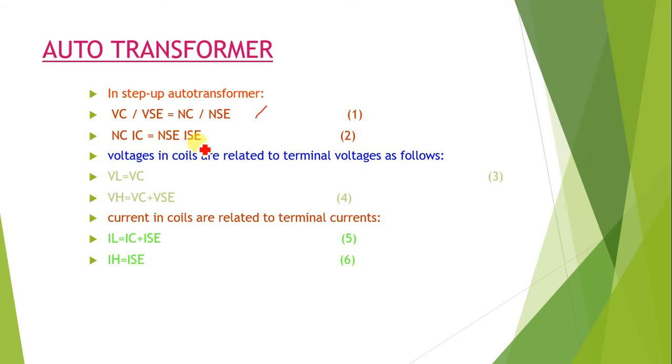The terminal voltages are VL equal to VC, that is, load voltage equals VC, and VH is equal to VC plus VSC. Currents are similarly termed: IL is equal to IC plus ISC, where IH is nothing but ISC. These are the voltage and current formulas for an auto transformer.